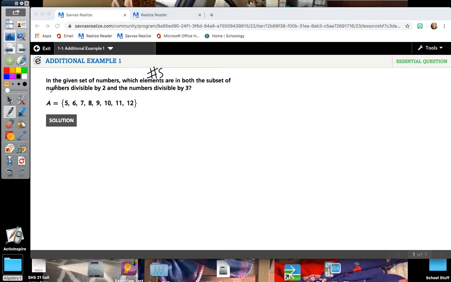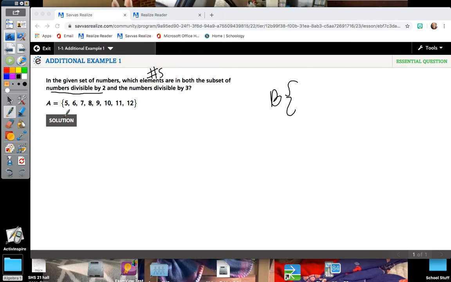So for divisible by 2, we want to look at which of these numbers divide by 2 and give us a whole number. We're not looking at fractions here.